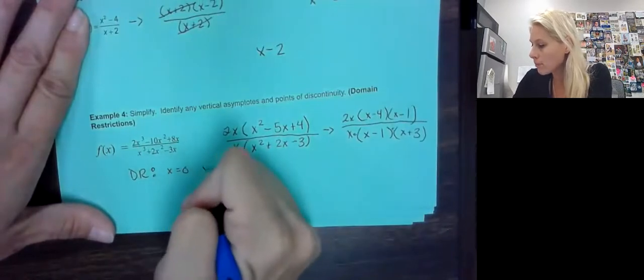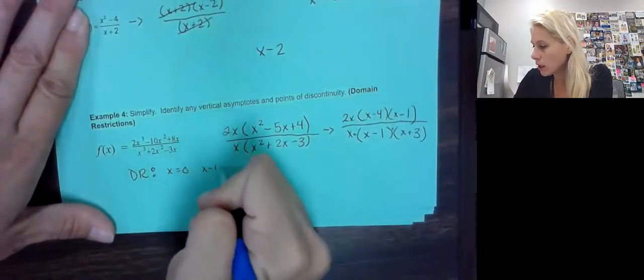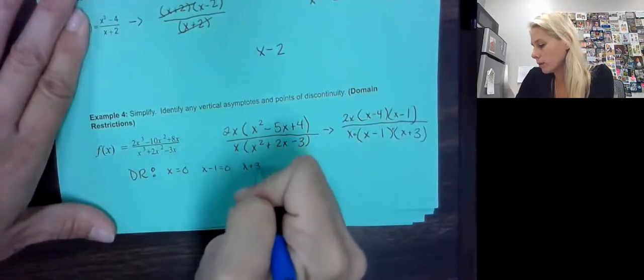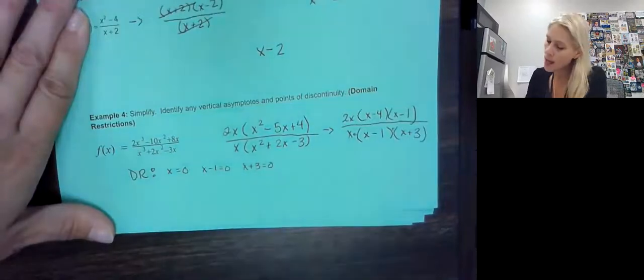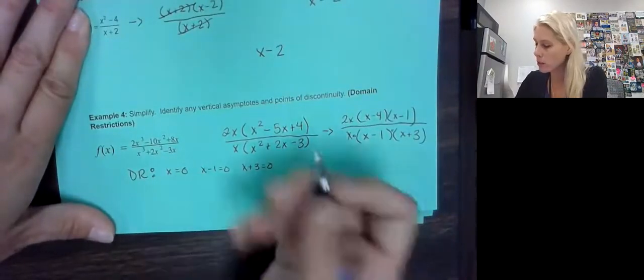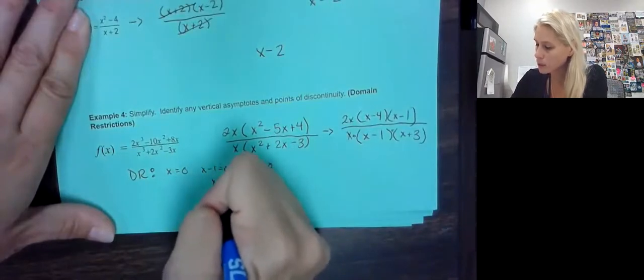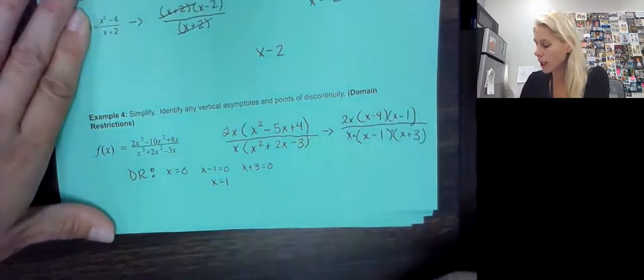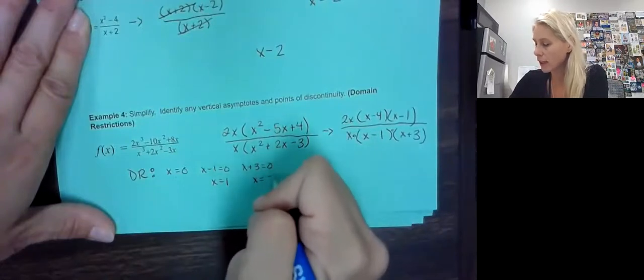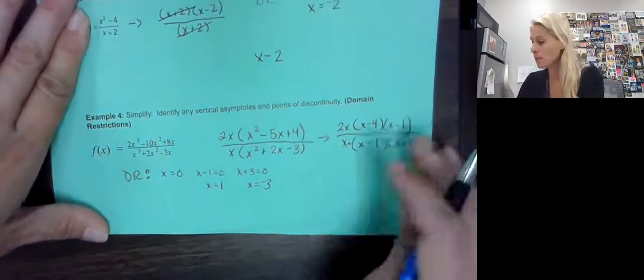I have x minus 1 equals 0. And I have x plus 3 equals 0. This one's already solved, right? X equals 0, can't do anything with that. But this one, x equals 1, so there's a domain restriction at 1, and there's a domain restriction at -3. So in this case, there were 3 of them.